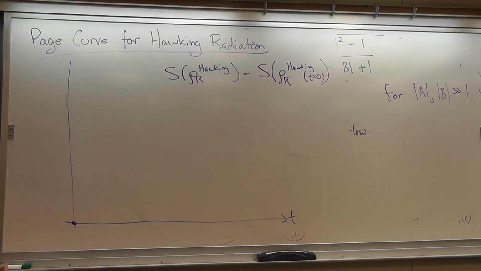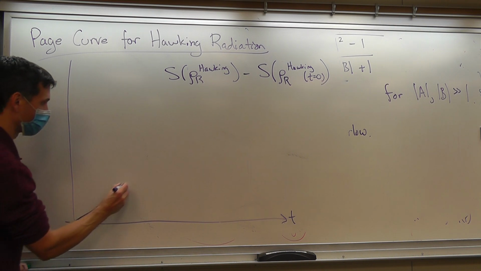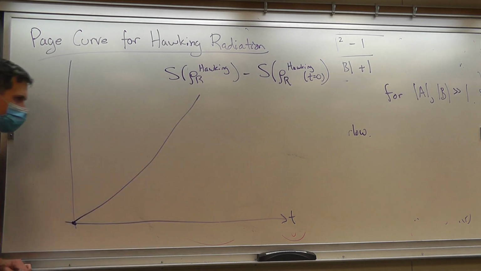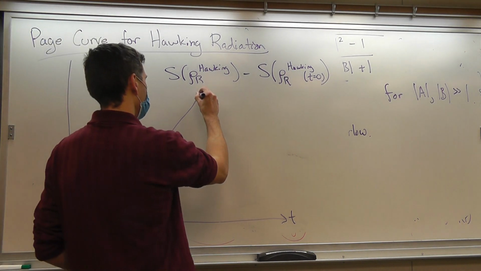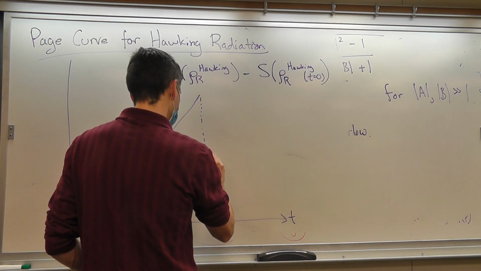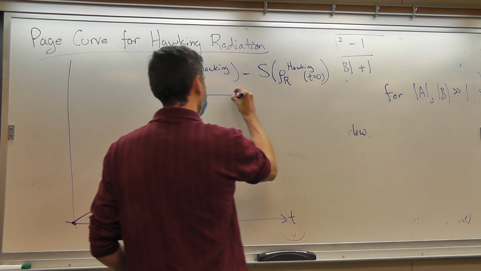It's not that straightforward to calculate in more than one dimension, because the black hole is evaporating and its temperature is changing, so you have to find it as a function of temperature. But it's going to give you some curve, looks like that. For two-dimensional black holes, actually it's just perfectly linear. Then at some point the black hole is done evaporating, and it's just flat.